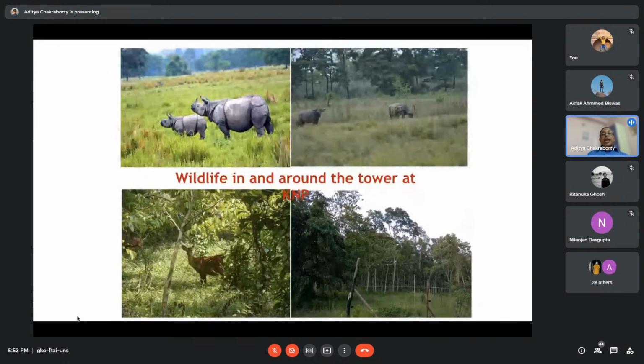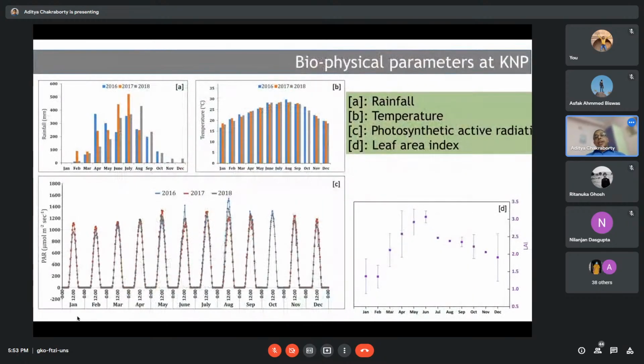These are some of the wildlife seen in and around the tower where we have our setup. Now, I would like to show you the different biophysical parameters, and this will also explain why we get a different carbon sequestration pattern in Northeast India.